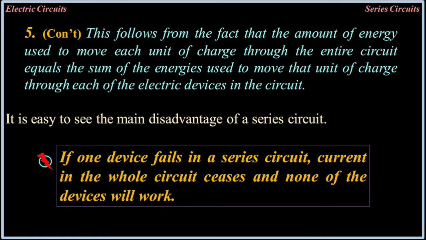This follows from the fact that the amount of energy used to move each unit of charge through the entire circuit equals the sum of the energies used to move that unit of charge through each of the electrical devices in the circuit. It is easy to see the main disadvantage of a series circuit. If one device fails in a series circuit, current in the whole circuit ceases and none of the devices will work.